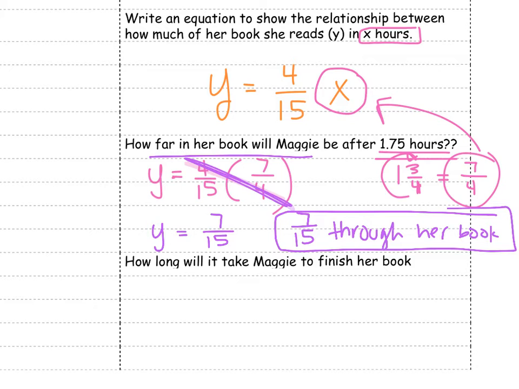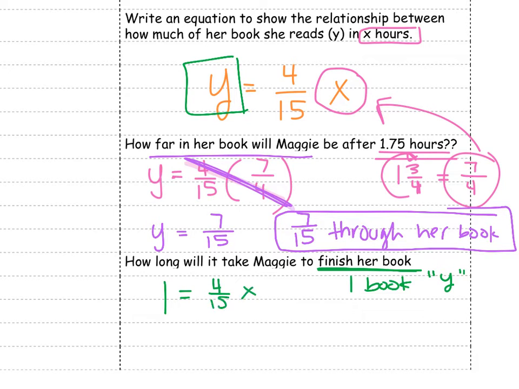Then it asks how long will it take to finish her book? To finish her book, that means she's read 1 book. Books are our y value. So everywhere I see a y, I'm going to put the number 1. 1 equals 4/15 X. And now we have to solve this equation. So 4 divided by 15 times X. I know I can multiply by 15 to get rid of this.